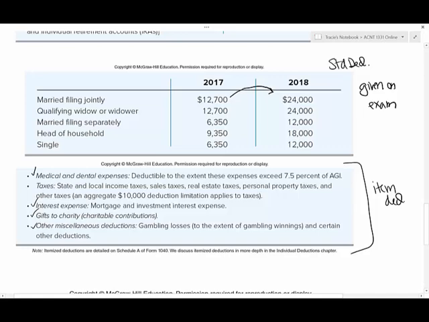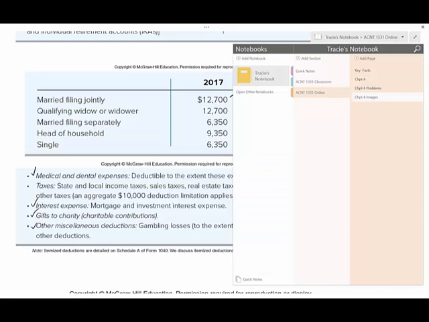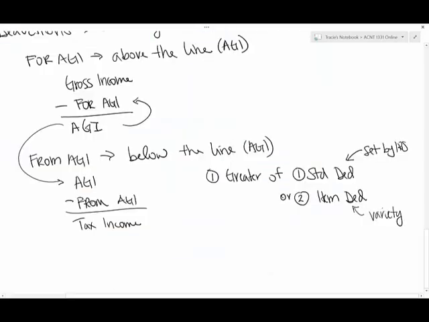Remember, right now, you don't need to worry about the details related to these itemized deductions. We're going to spend a whole chapter talking about the itemized deductions later. So that's the first type of deduction from AGI. It's the greater of the standard deduction, which is set by the IRS, or the itemized deductions.